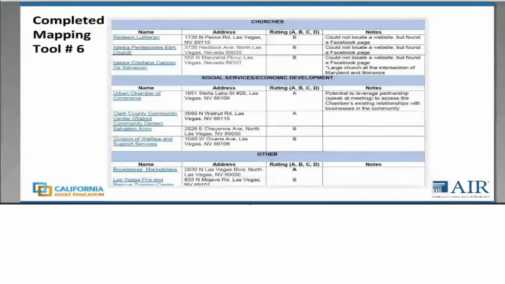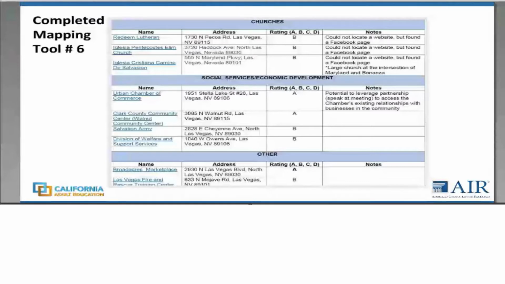And then you'll see they rated them. They rated the use of the asset with an A, B, C, or D rating, and they did this as a team. They did their mapping or identifying of the assets individually, but they discussed them as a team, again an opportunity to bring in all of your stakeholders, and they rated them as a team.